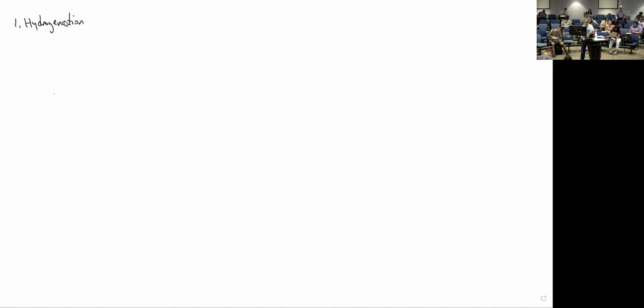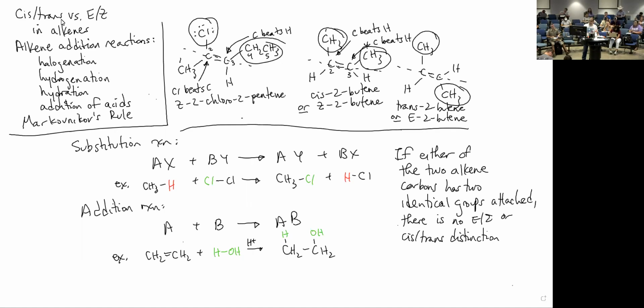Doesn't really matter the order we do this in. Wait a minute, yes it does. Why don't I do it in the same order? Aha, halogenation, then hydrogenation, then hydration, finally addition of acids. Okay, so halogenation first. I mean, why make things difficult on everyone, including myself?